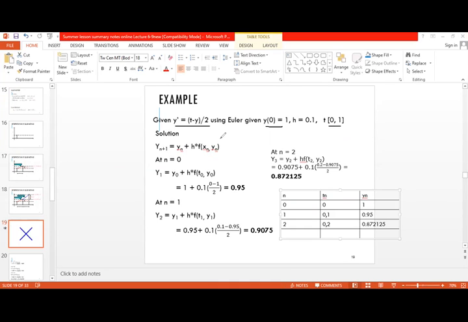So now let's attempt that. Like we said, the function for the Euler's approximation is, initially we wrote it as y i plus 1 is equal to y i plus h times f at x i, y i.